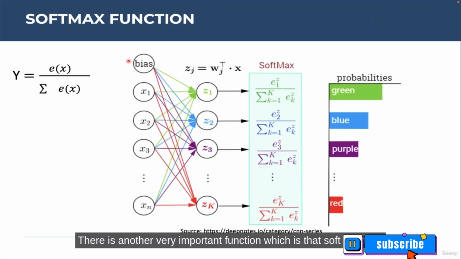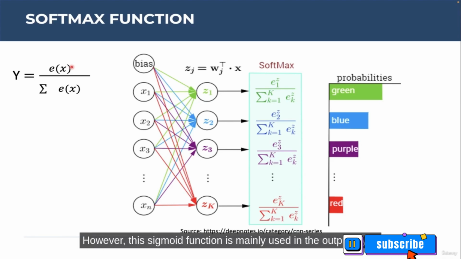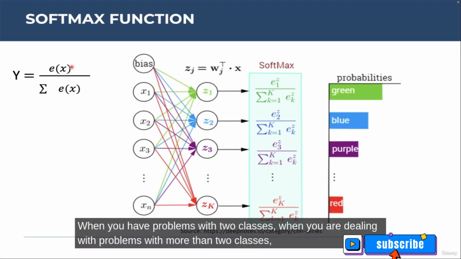There is another very important function, which is the softmax. You can see the equation here, and it is quite similar to the sigmoid. However, the sigmoid function is mainly used in the output layer when you have problems with two classes.